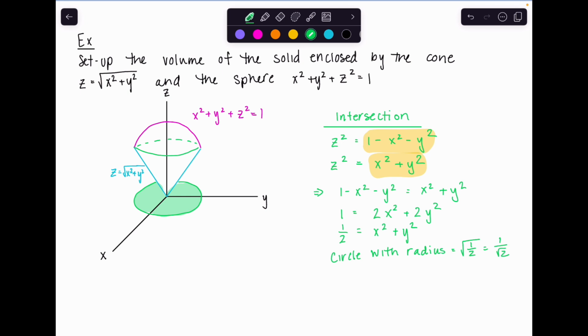You can rationalize this if you want, but absolutely no need to. So this intersection is x squared plus y squared equals a half, and specifically you could figure out what z value that occurs for, because x squared plus y squared is a half, so z is equal to the square root of a half there.